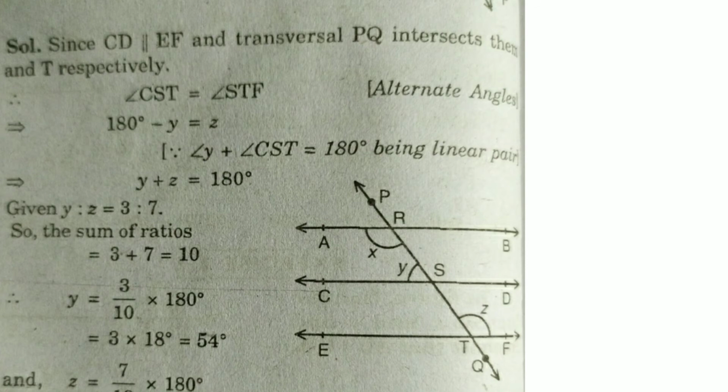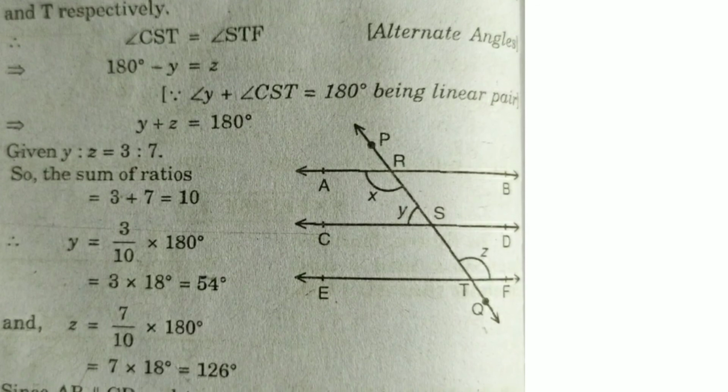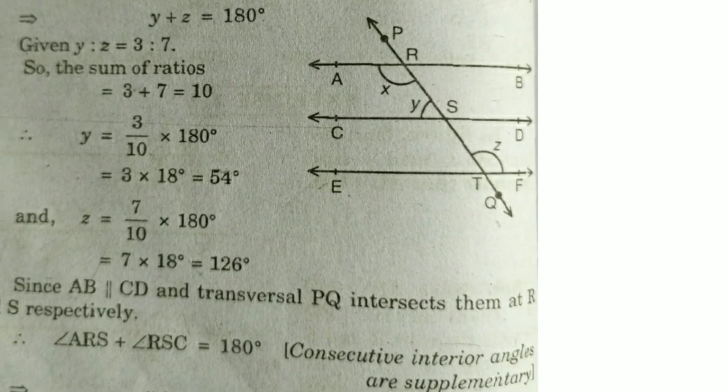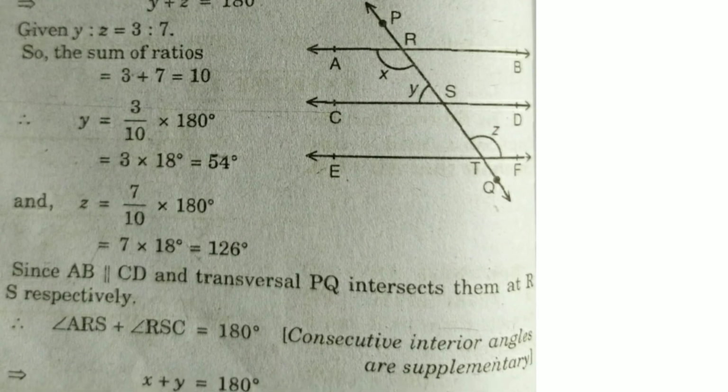So y plus z equals 180 degrees. Now given y is to z equals 3 is to 7, the sum of the ratio 3 plus 7 equals 10. So y equals 3 by 10 into 180 degrees, which gives 54 degrees, and z equals 7 by 10 into 180 degrees, which gives 126 degrees.